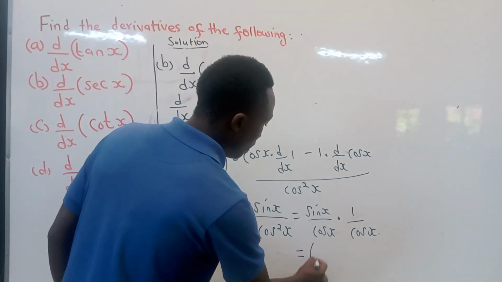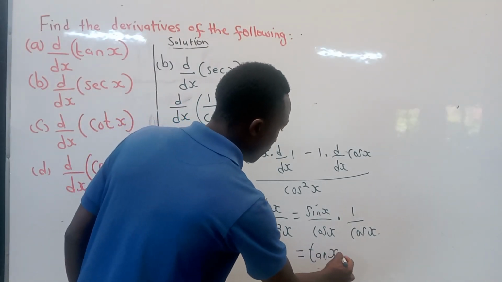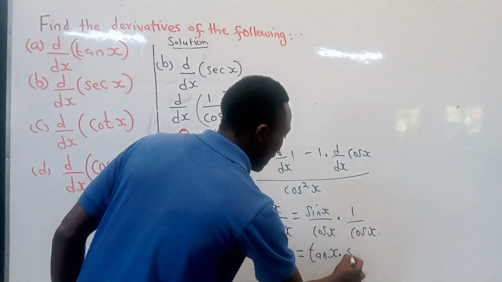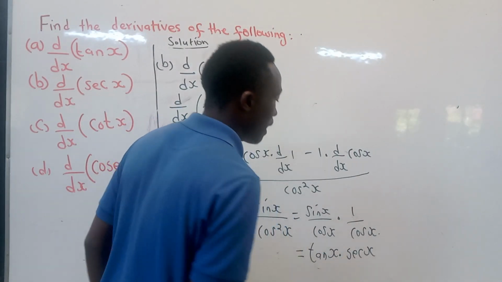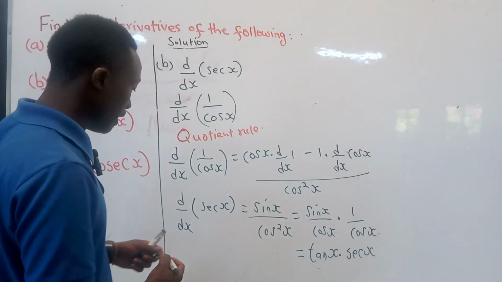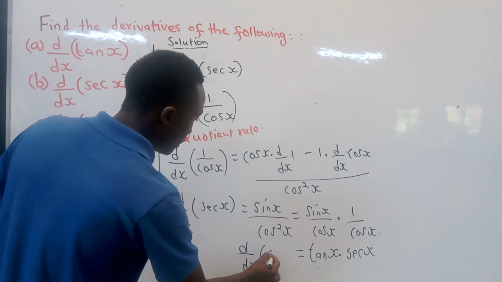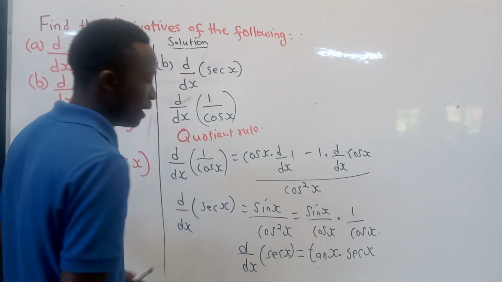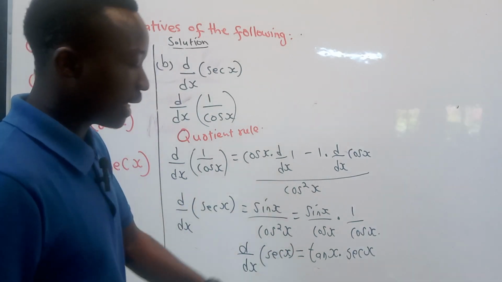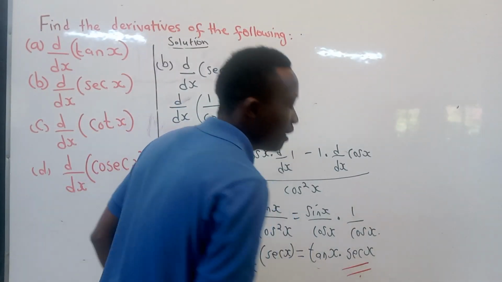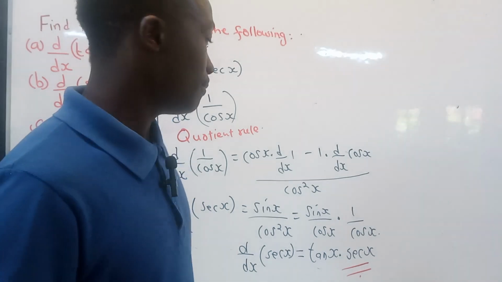So it's going to be tan x multiplied by, this one is the same as sec x, and that finally gives us the derivative of sec x. Finally, the derivative of sec x is equal to tan x sec x. That gives us the answer.